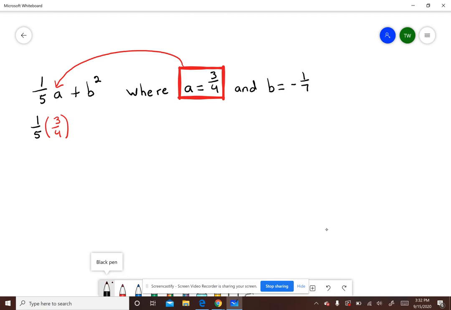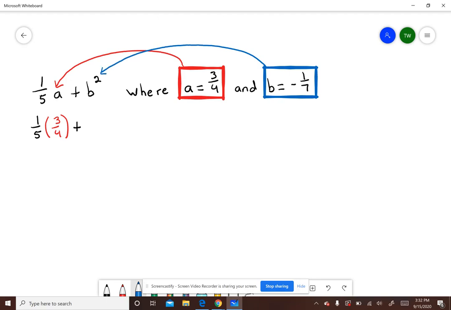And then I'm going to do the same thing with my b, so plus, and then my b value is -1/7. So that is going to go in place of my b here. So if I do parentheses, -1/7 parentheses, my square is going to go on the outside of the parentheses.